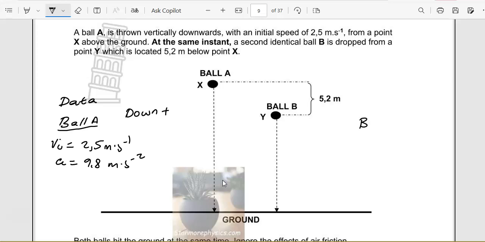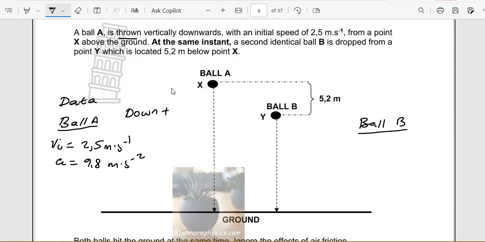Let's work with ball B and see what is given. For ball B, I need you to understand something here. There is a difference between thrown vertically and dropped.